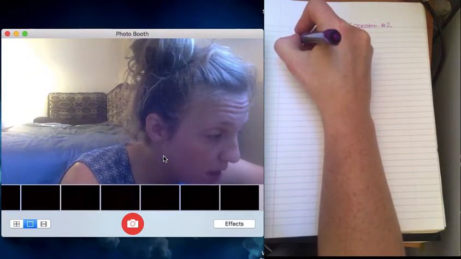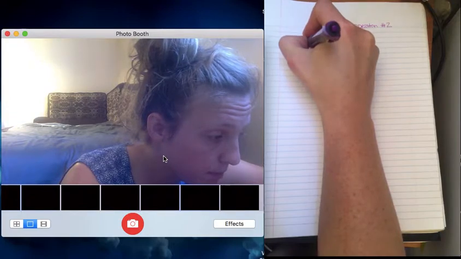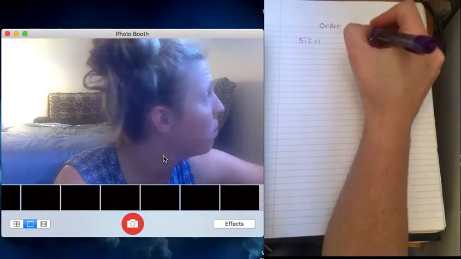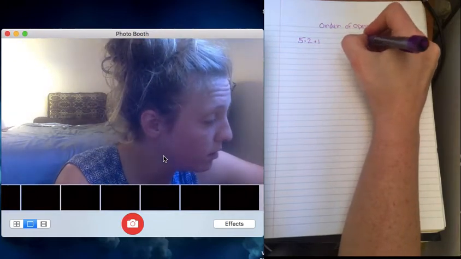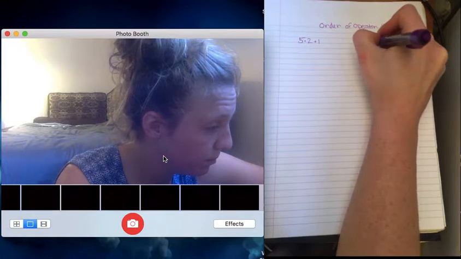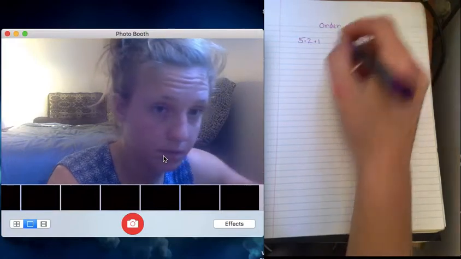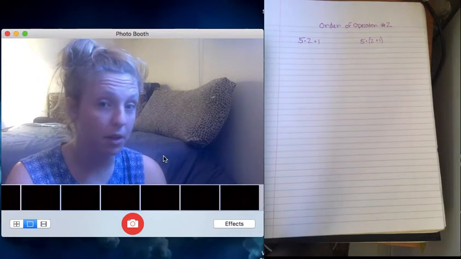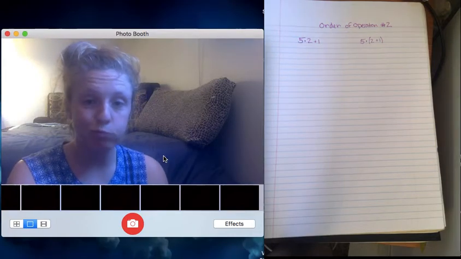One problem looks like this, and one problem looks like this. Okay? And a lot about this problem looks similar, but there is one thing that's really different.